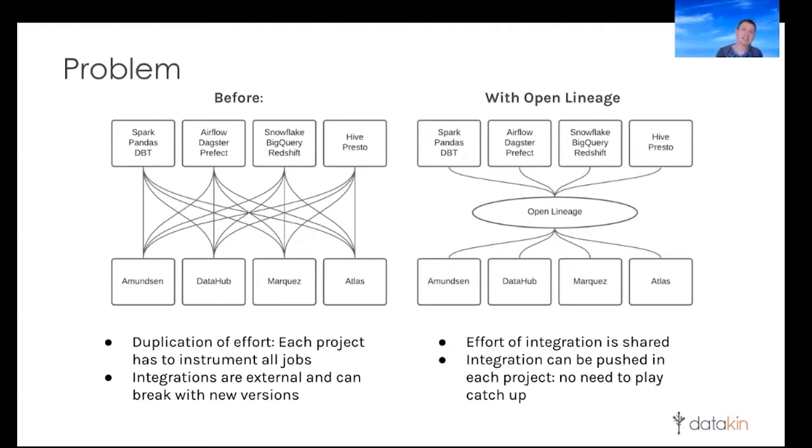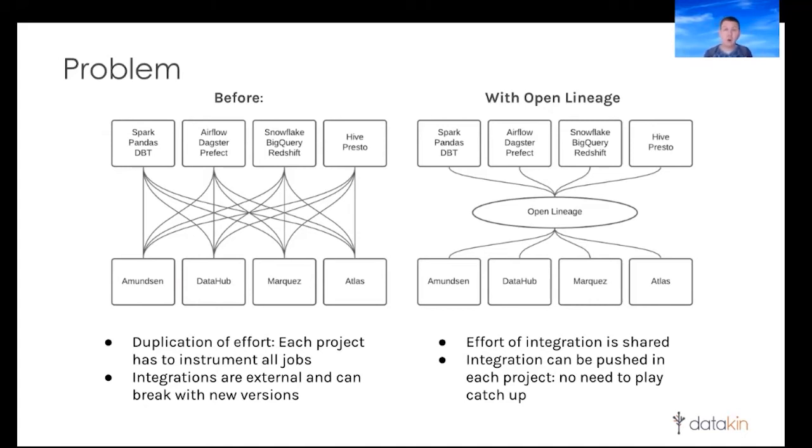And at the same time, it's very brittle, because as all those things evolve over time, the way they represent lineage or this metadata may change, and we need to maintain those integrations for all the versions of all those things. So the goal of OpenLineage is twofold. One, by sharing this effort and standardizing it, we can remove the duplication and share the effort of building these integrations.